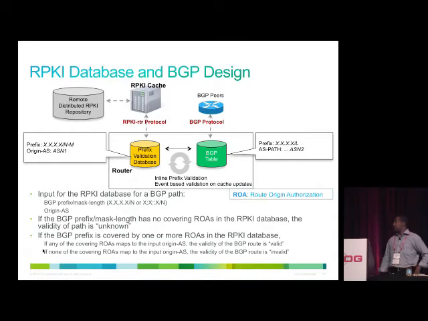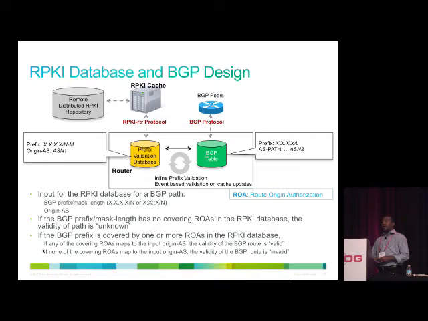In this particular case, you can see that the top one is the RPKI infrastructure, and the bottom one is a router. The router talks with the RPKI cache and receives ROAs, or route origin authorizations, for different prefixes. So now the router has in its database a prefix and an authorized origin AS in its table.